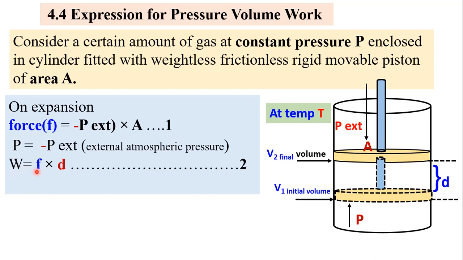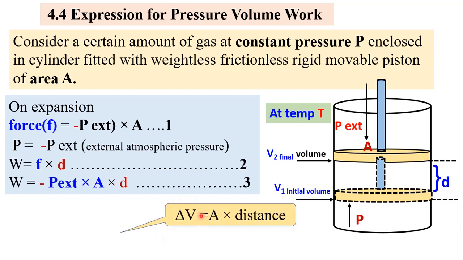Here, W is equal to force into distance. If you substitute force equal to minus P external into A, we get W is equal to minus P external into A into d. But area into distance is equal to the change in volume: delta V is equal to A into d, where A means area and d means distance.